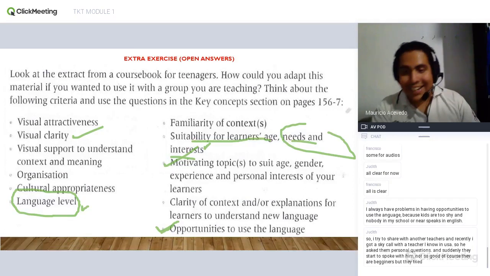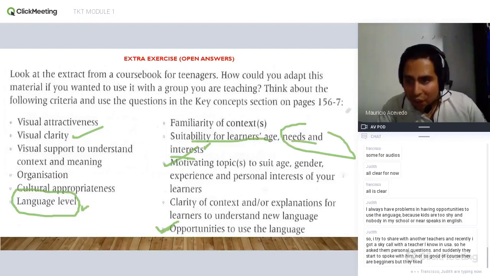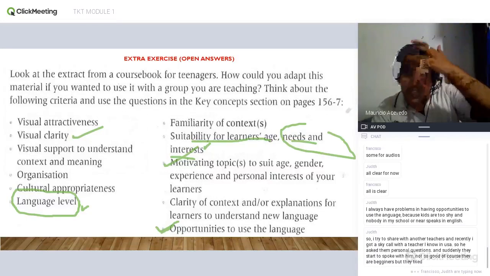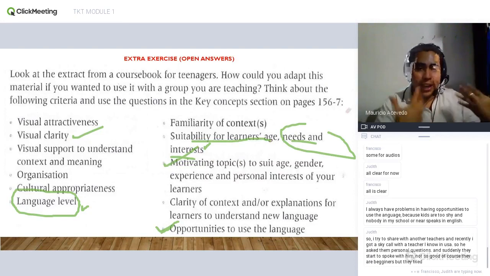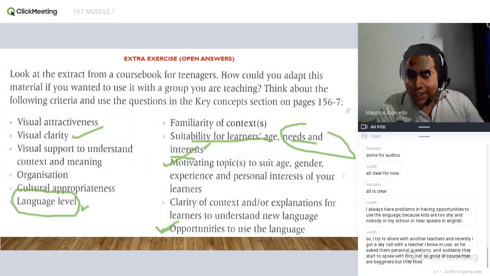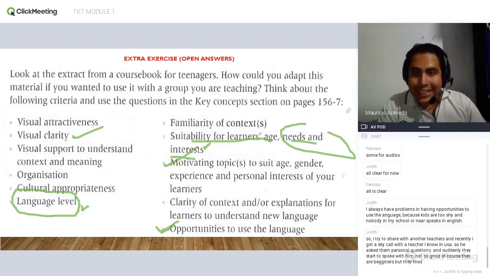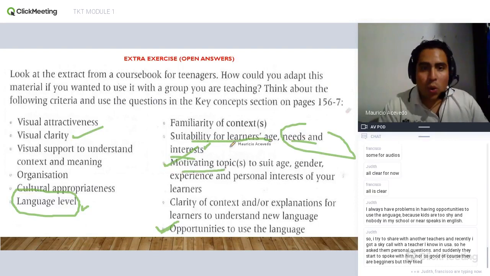Excellent, Judith. This is very nice because you have a friend, another teacher from the USA. So in this case, you are using a human resource. He's asking questions, so maybe in this case you are also motivating them.